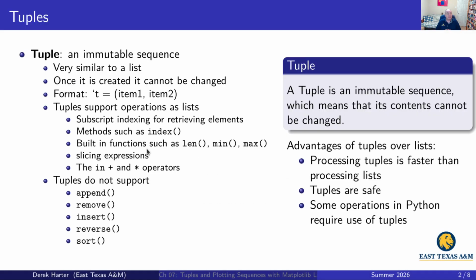There's not a whole lot more to say about tuples. The tuple is basically the immutable version of a sequence that Python offers. Many things that we talked about for sequences and lists apply to a tuple.